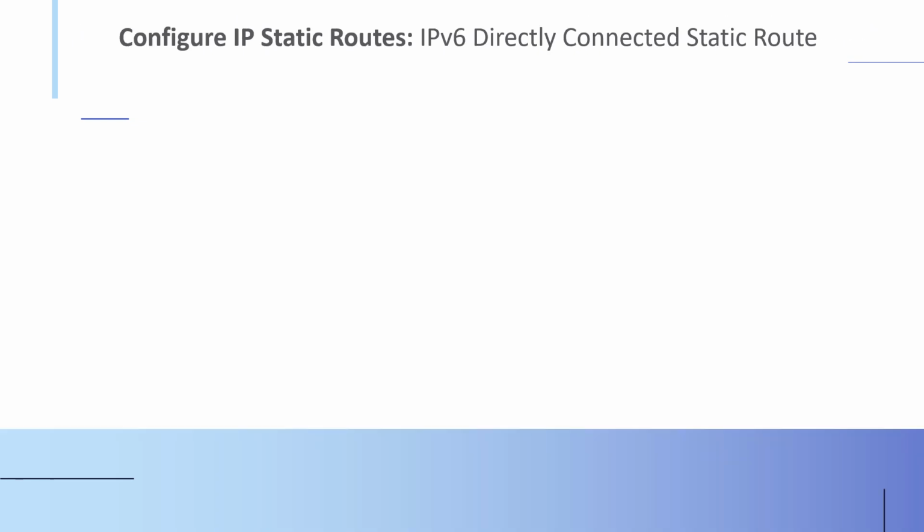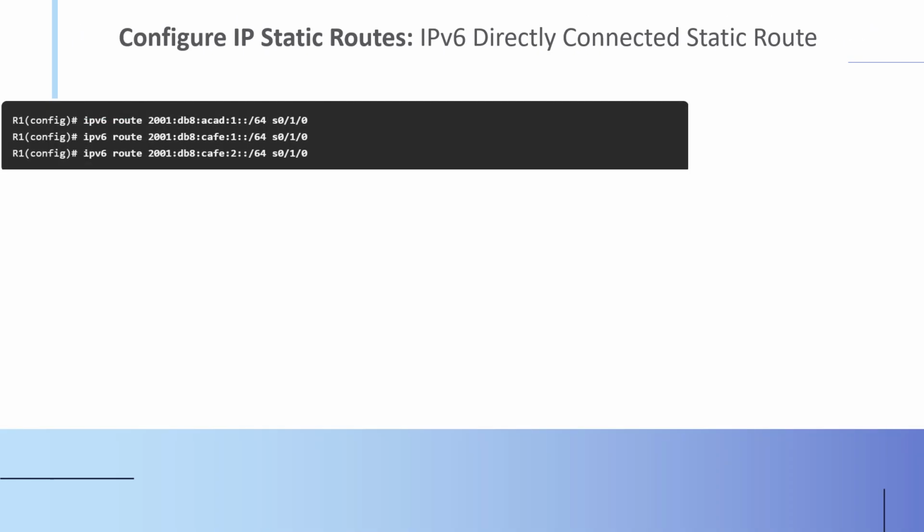The same is true for IPv6 networks, where we use the IPv6 route command followed by the IPv6 address of the network that we want to reach, followed by the prefix length and the interface of router 1 where we have to forward the packet. Here are shown 3 remote networks that are added to router 1.